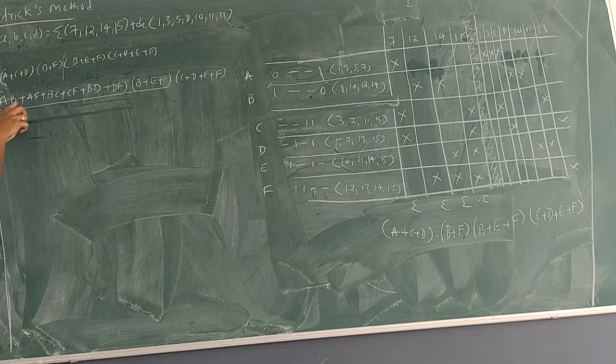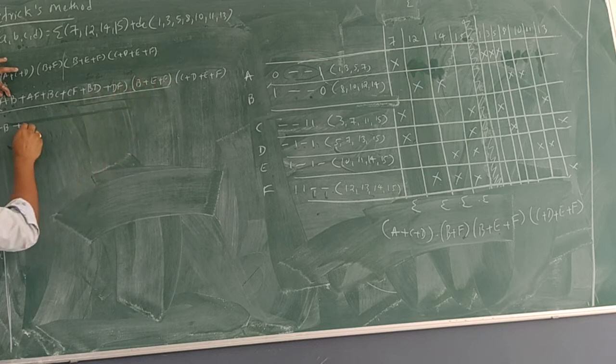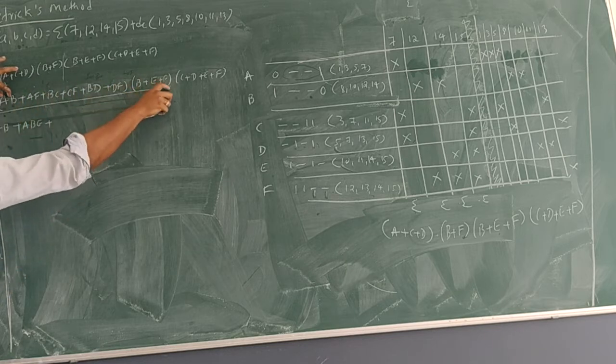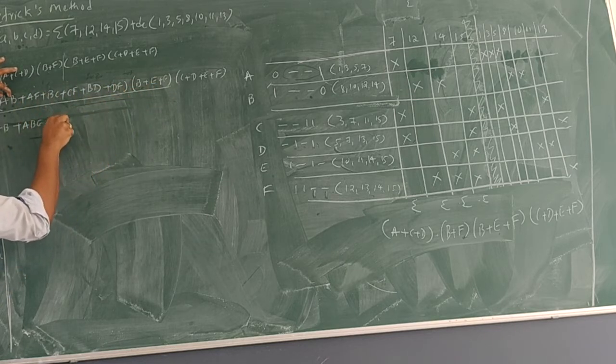So AB into B, I write as AB only, plus AB into E, which becomes ABE, plus AB into F, ABF.